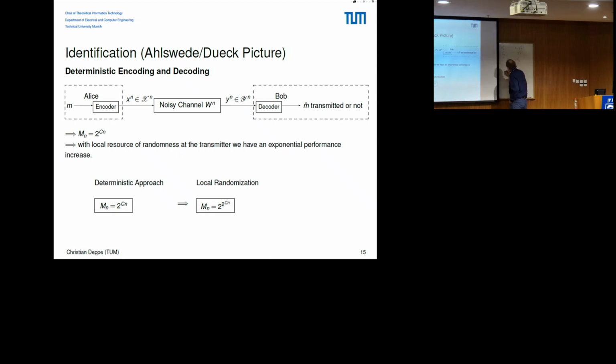The idea is that we use this part only to share common randomness between the receiver and the sender. Our identification messages are the functions from 1 to N. T1 is chosen if we want to send message 1, and TN is chosen if we want to send message N. Of course, these functions are known to the sender and the receiver.